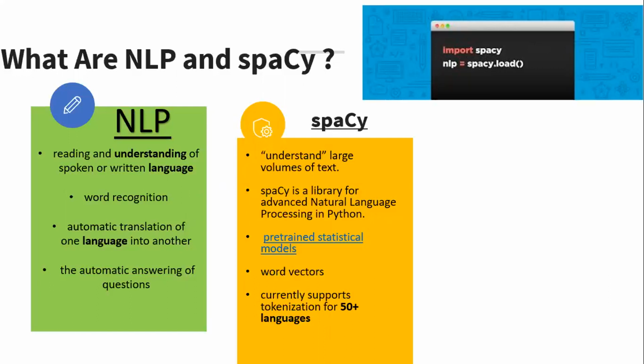Hence, it is quite a fast library. spaCy provides a concise set of APIs to access its methods and properties, governed by trained machine learning and deep learning models. spaCy is a free open source library for advanced NLP in Python. It contains pre-trained statistical models and word vectors, and it currently supports tokenization for 50 plus languages.